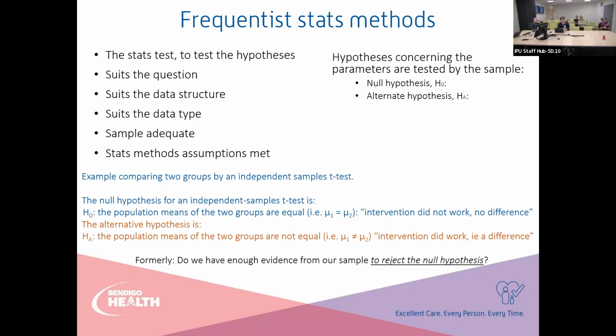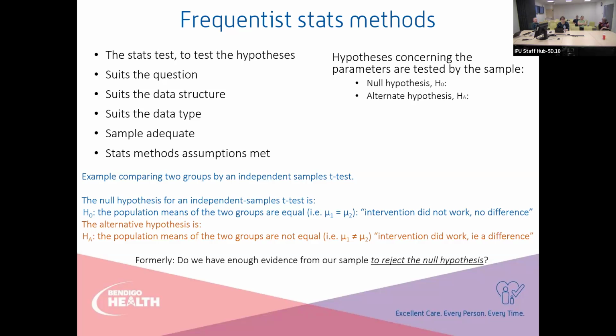And then we take our samples and we test our samples, and we look on the bottom there, it says, do we have enough evidence from our sample to reject the null hypothesis? And so that's a formal way of doing frequentist statistics.